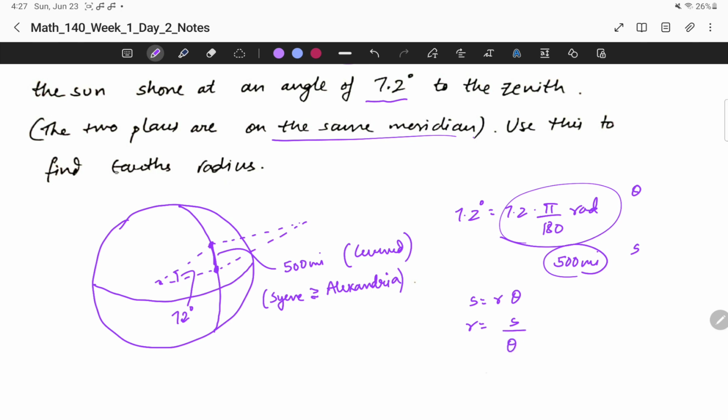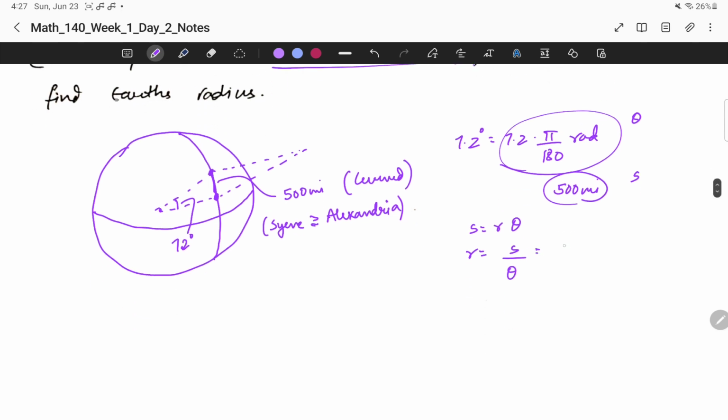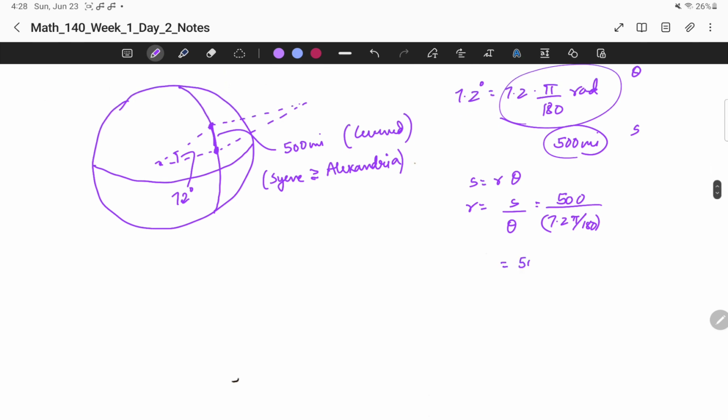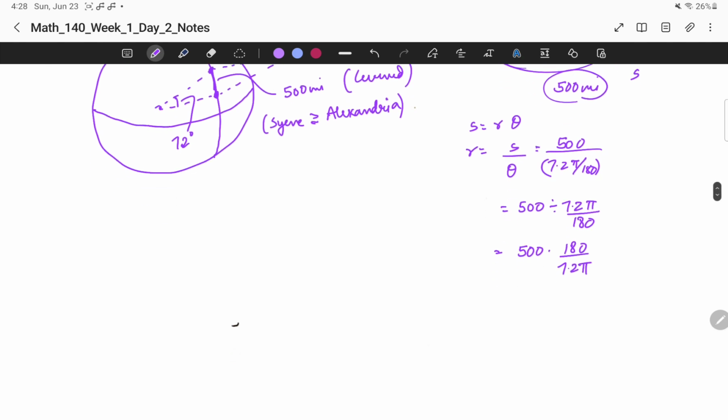So you are able to find that this is 500 divided by 7.2 pi over 180, which is again a fraction of a fraction, which simplifies to 500 times 180 over 7.2 pi. Again, you can plug this into a calculator to find the value.